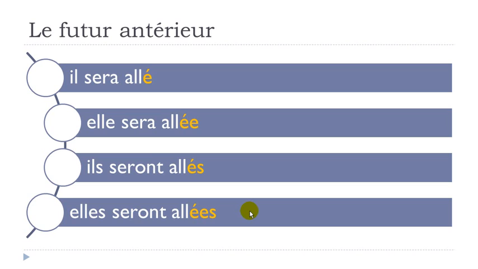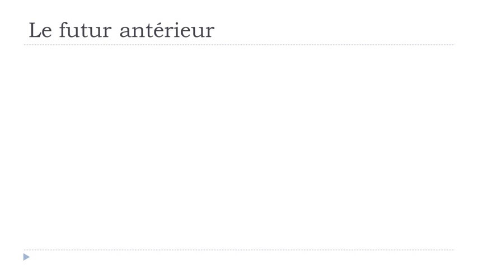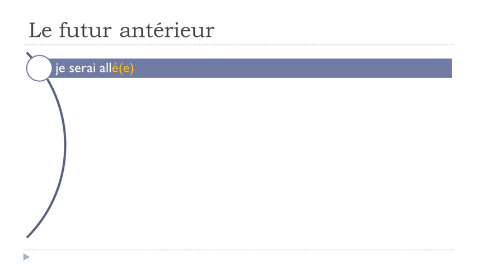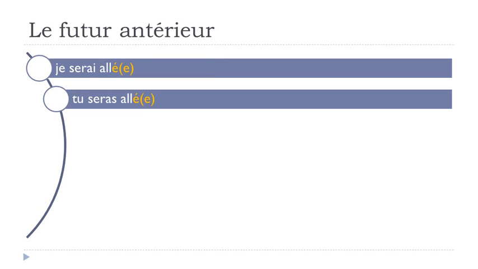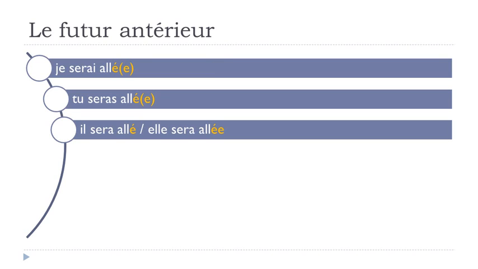All right? So let's see now how it goes for the full thing. So, je serai allé. I did put this like that just to make it possible to put the feminine. Tu seras allé. Il sera allé. Elle sera allée.